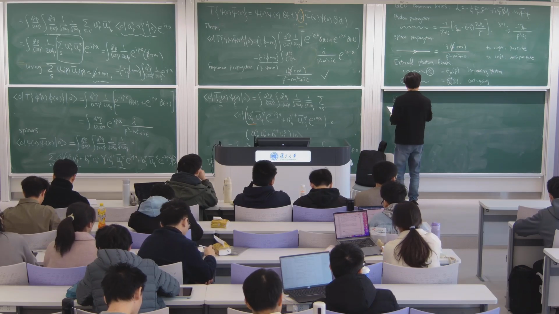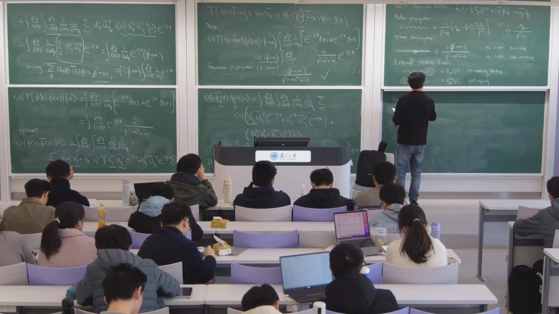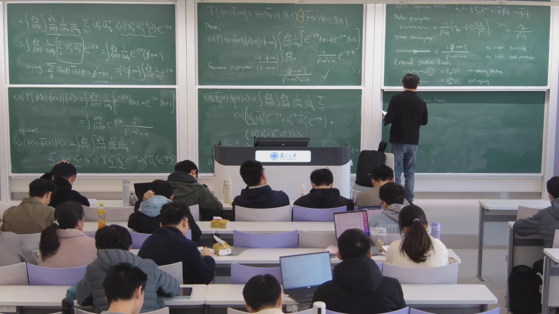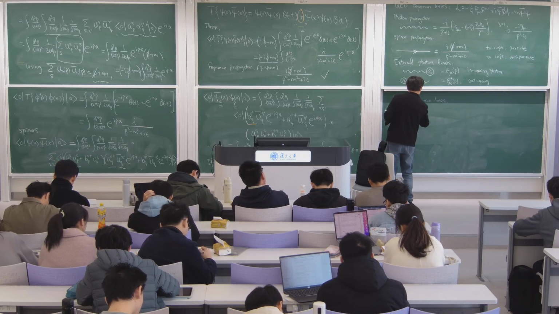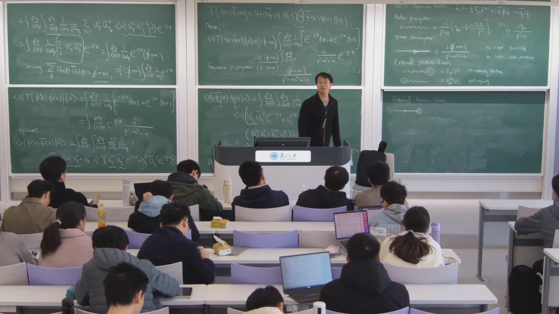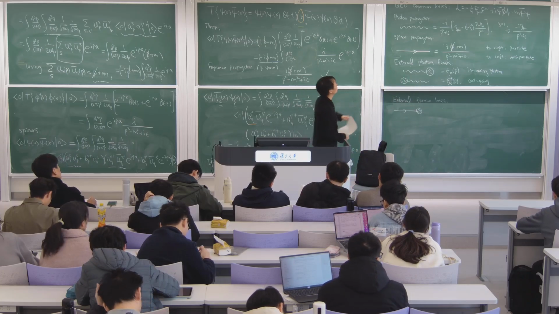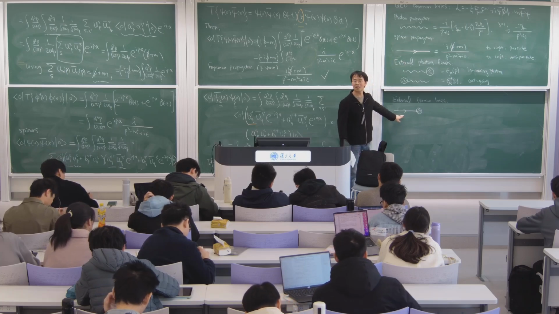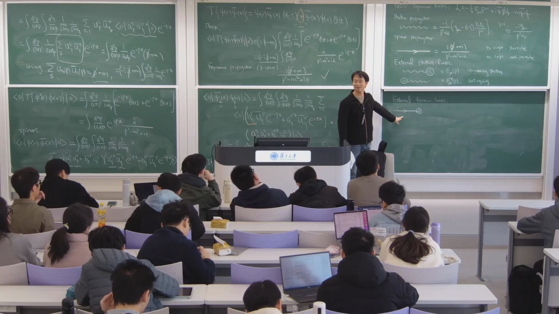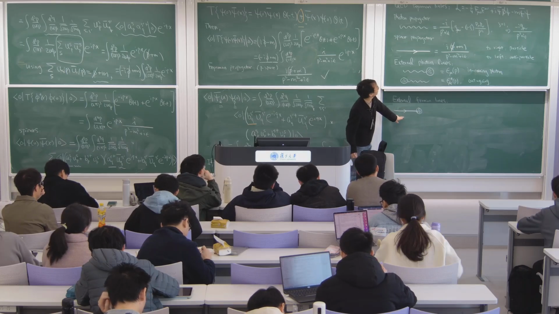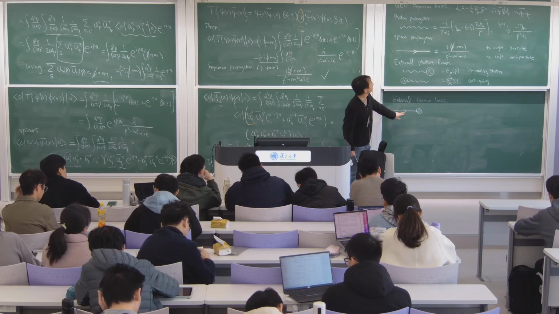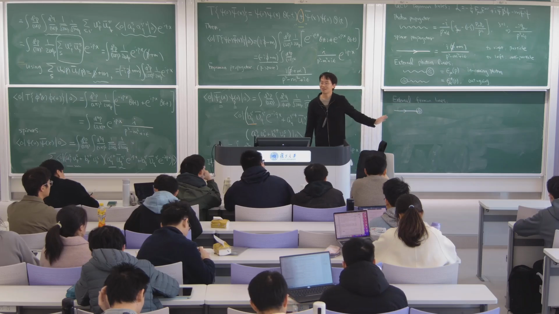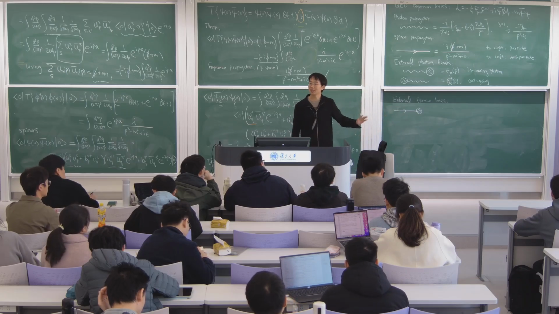For the external fermion line, there could be an external line that looks like this. What does this describe? To be consistent with the convention, this should describe an incoming electron, because this goes from left to right. So this is the particle, which is the electron.